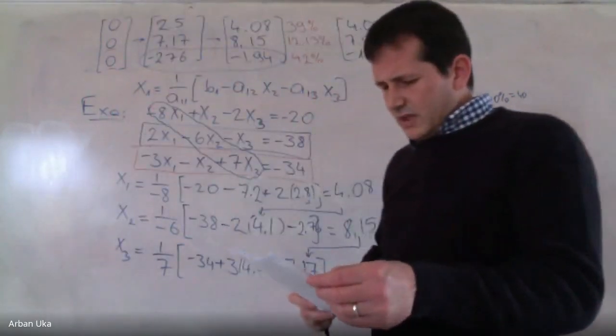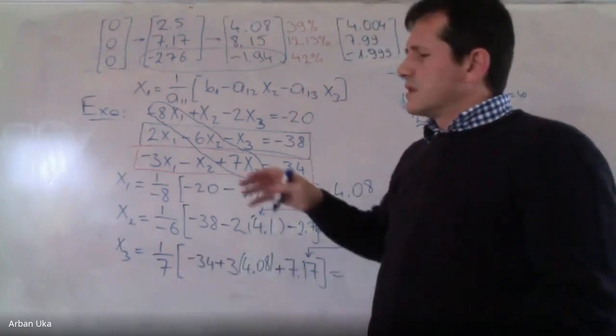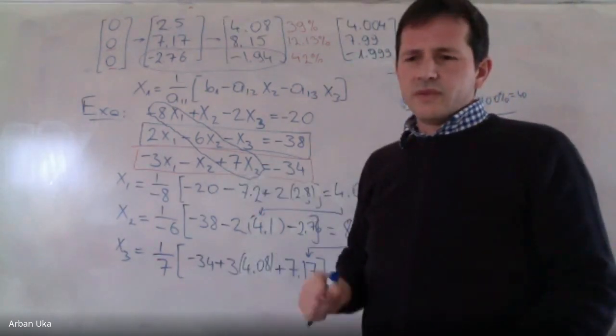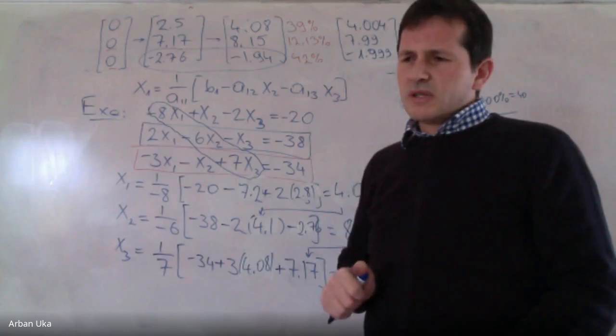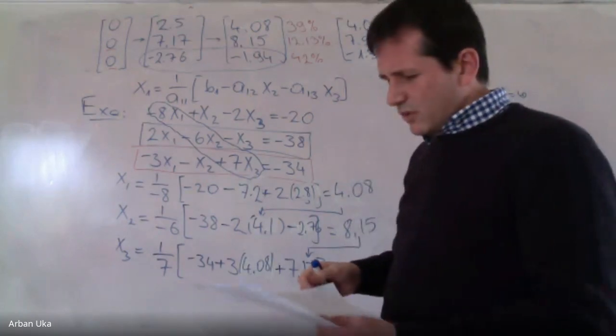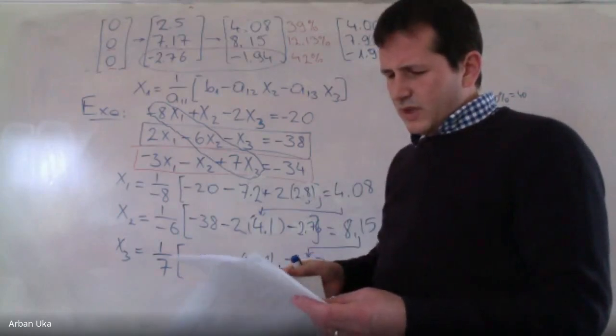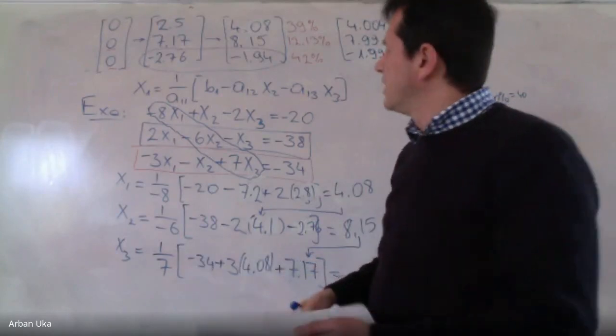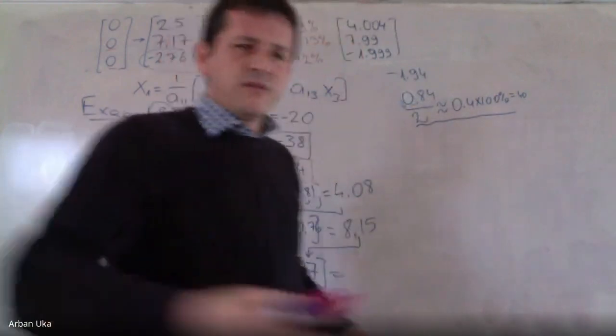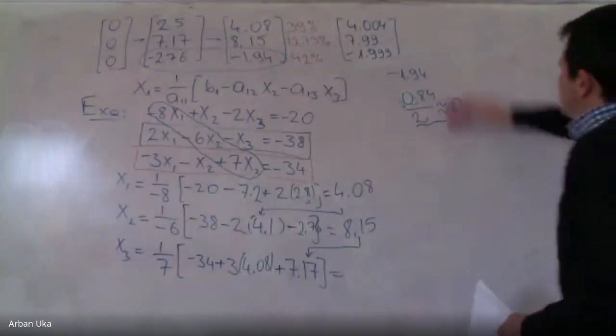Now, we said that these equations that we are solving were linear. Sometimes the equations that we have to deal with are not linear, and in this case we have a huge challenge.